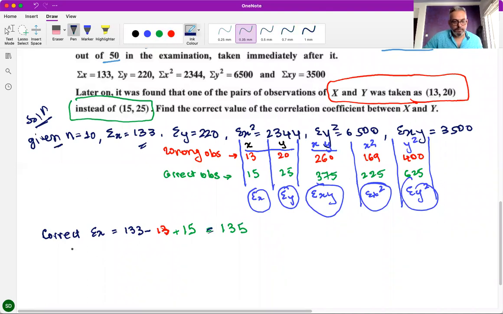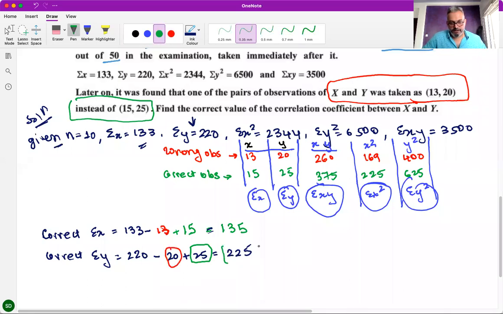Then correct sigma y, which is equal to wrong sigma y 220 minus wrong observation is 20 and correct observation is 25. So it becomes 225. This is the correct one. This is the wrong one. And this again we get the correct total.